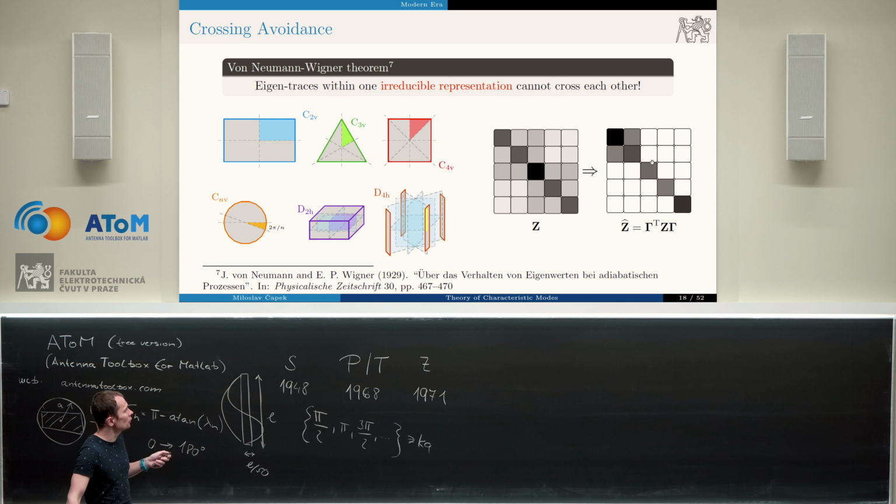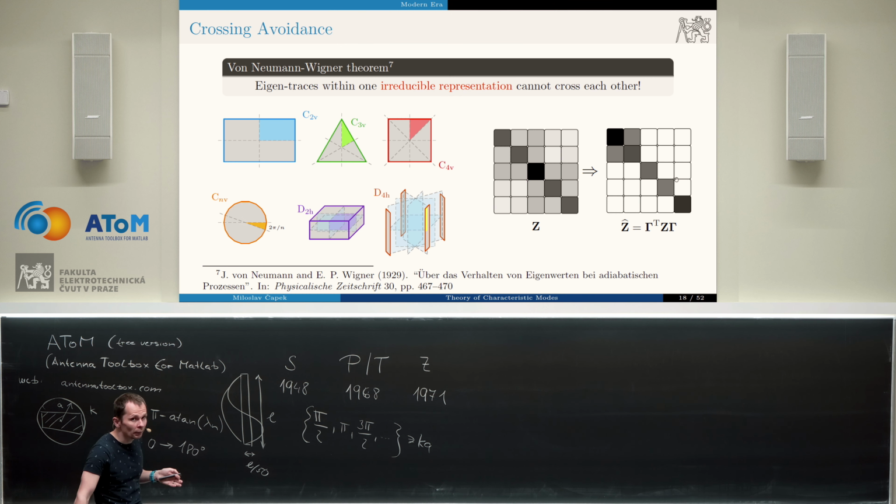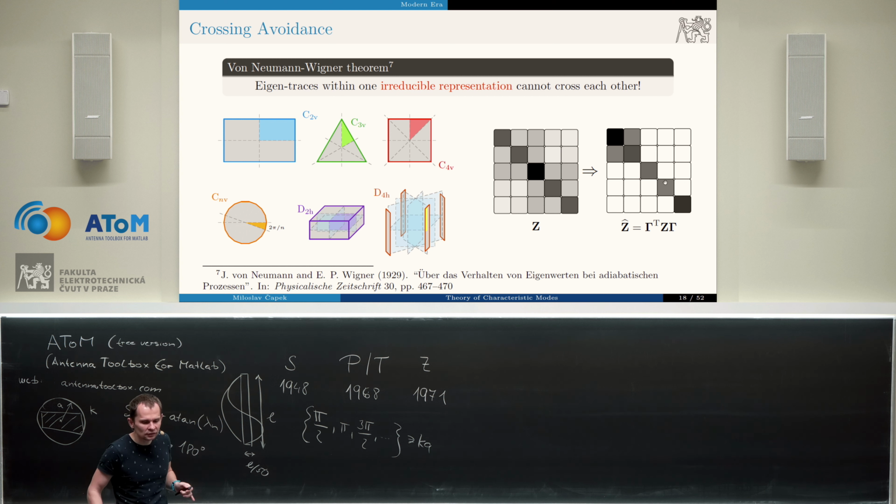And now, since we have independent blocks, in principle, the first thing we can do is to decompose these blocks into characteristic modes completely independently. That means that doing that, we can save a lot of computational time. So this is the first advantage.